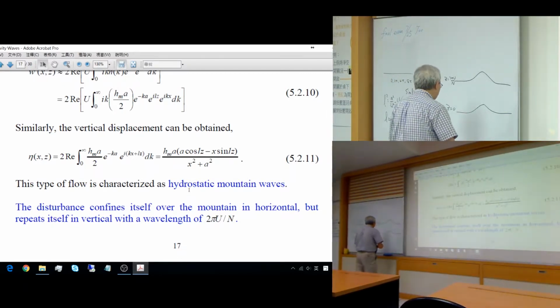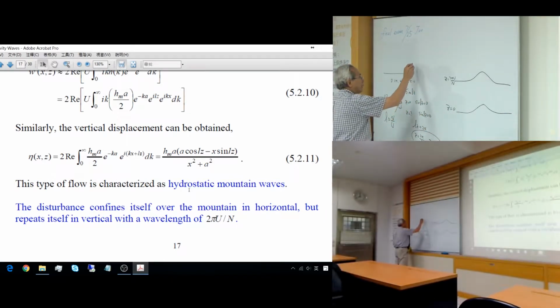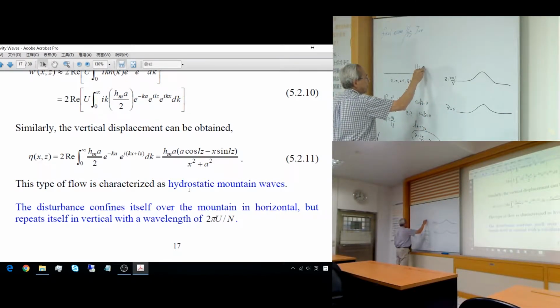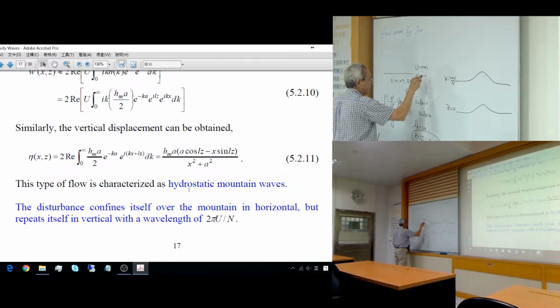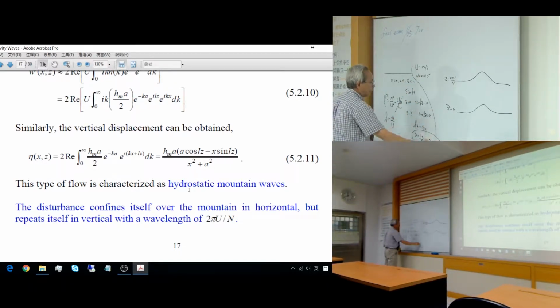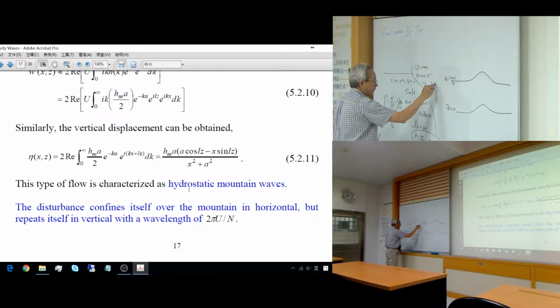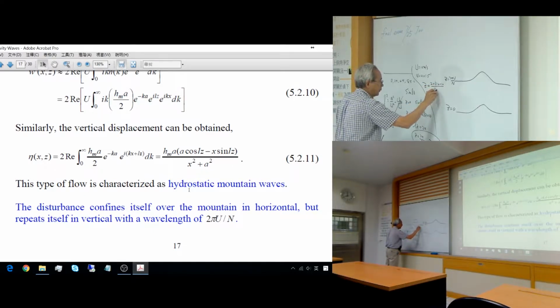Now, if somebody asks you, you have U equals 10 meters per second, and N equals say 0.01 per second, then what's the height at which it is going to repeat? It will be 2 times 3.14 times 10 divided by 0.01.